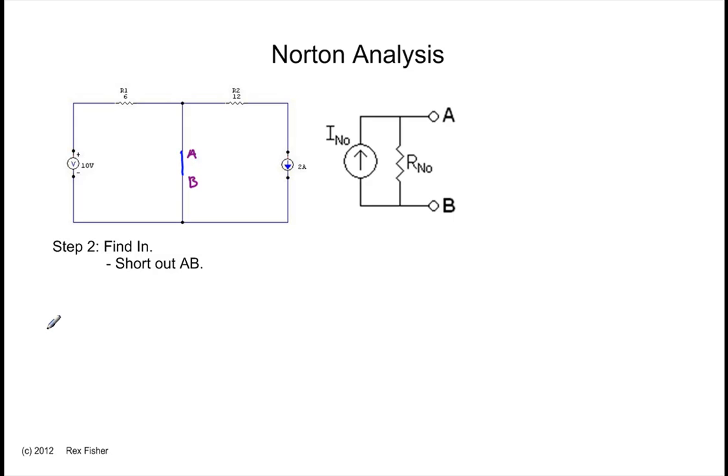Let's mark what voltages and currents we know. We know that this is 0 volts. If that's 0, this is 10 volts. If that's 0, because this is a short, that is also 0 volts.